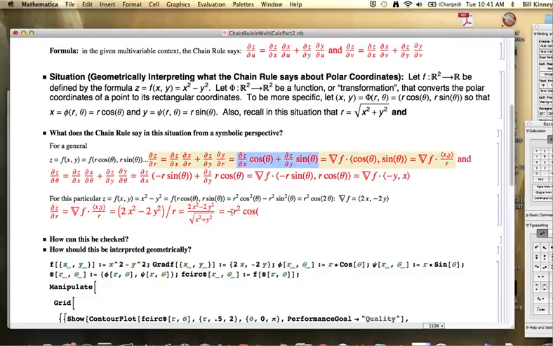for that one. So it's actually going to be an r cos squared theta, minus, forgetting a 2 here as well, 2r cos squared theta minus 2r sine squared theta.